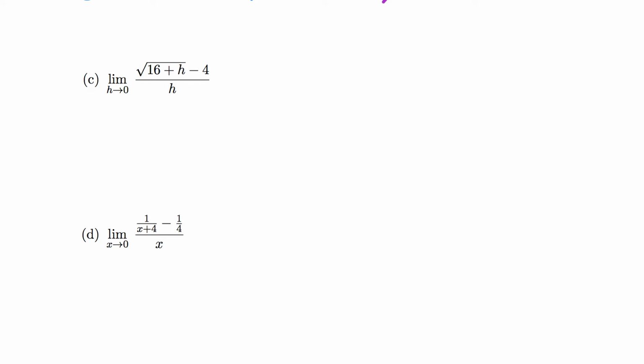Okay, so part C, we got a square root. If we plug in h equals 0, we get root 16, 4 minus 4, 0 over 0. And we know that whenever we have a radical sign involved, we multiply by its conjugate. So that's root of 16 plus h, this negative is just +4, and the same thing on the bottom.